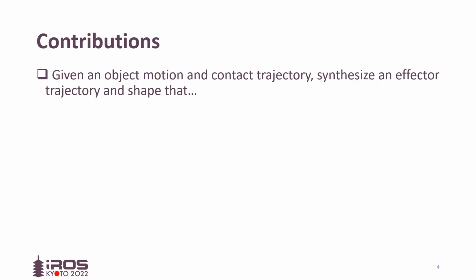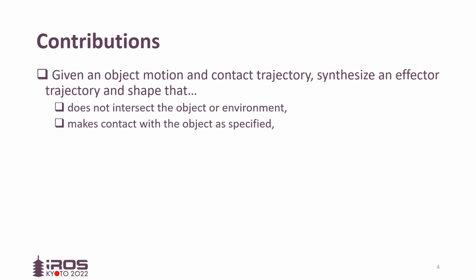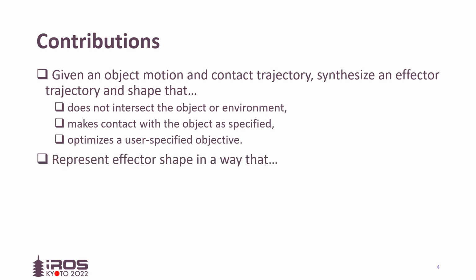In this presentation, I'll describe how we pose the co-optimization of shape and motion of rigid planar effectors as a tractable nonlinear program. In particular, the solution is constrained to not intersect the object or environment, make contact with the object as specified, and optimize a user-specified objective. Appropriate shape representation is a known challenge in shape and motion co-design.